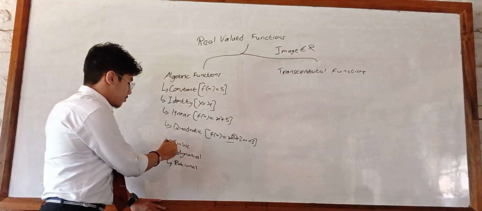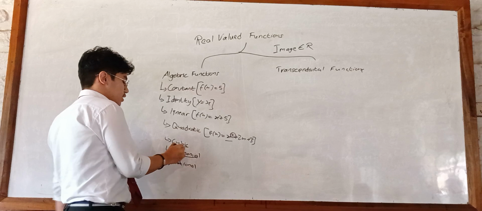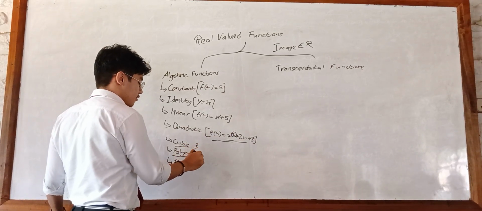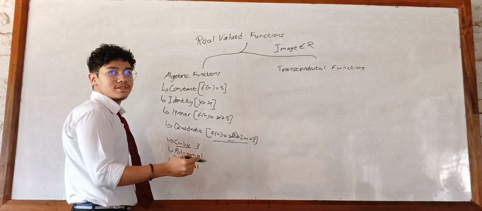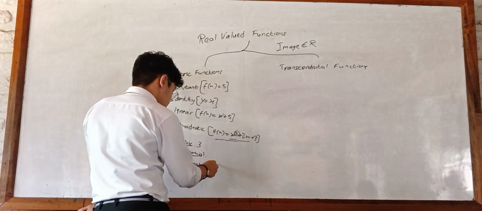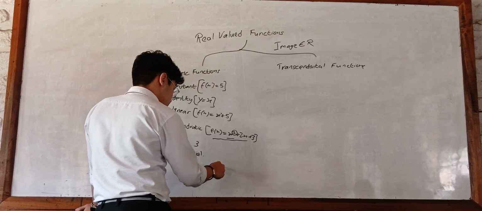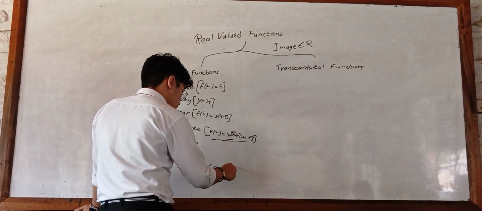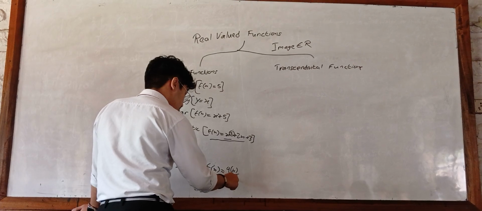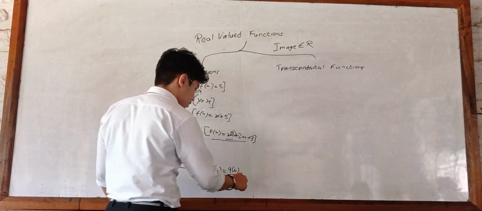The cubic and polynomial are self-explanatory. It's the same as quadratic functions, but the power of x changes to 3, and for the polynomial, the power of x changes to any other integer. Rational is a special case, where f(x) is like q(x) divided by p(x), where p(x) cannot be equal to 0.